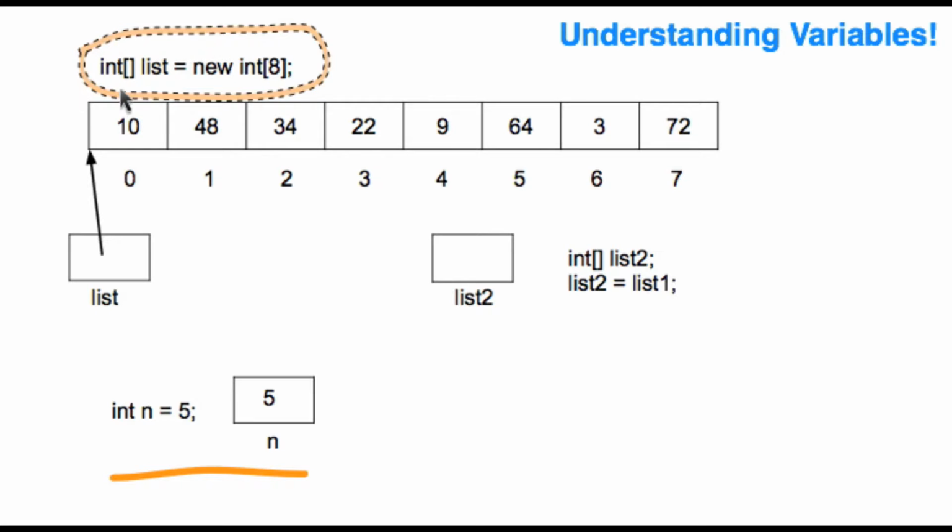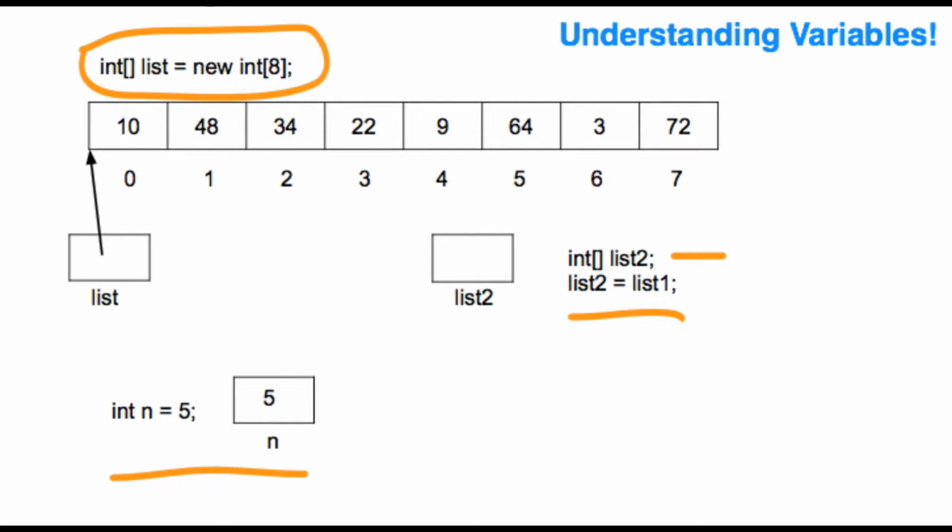In this case, we're creating an array called list, an array of integers. And actually, we'll come back to this in just a second. Let's just come down here and look at specifically the first line.